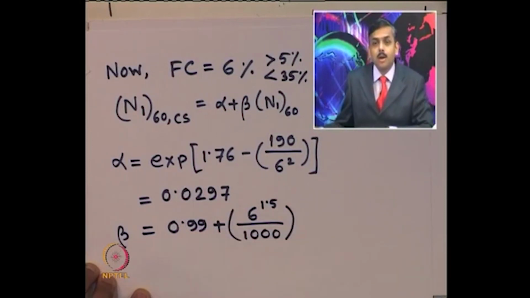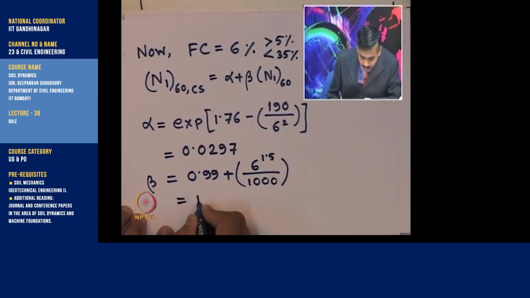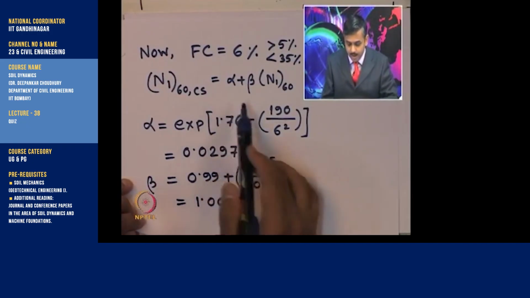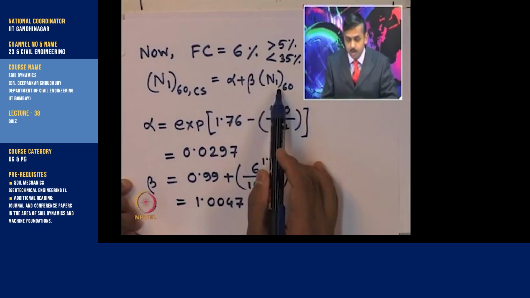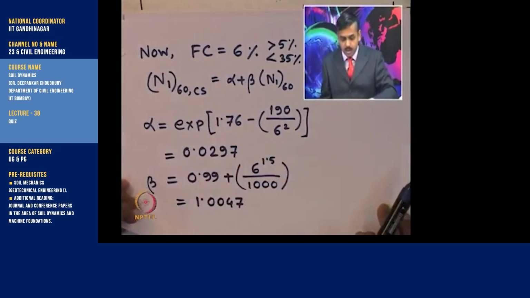this one. On calculating these values we get 1.0047. If I compute these two values and put them here with the known value of N160 which we have calculated, we will get the corrected value of N160 with respect to clean sand condition.